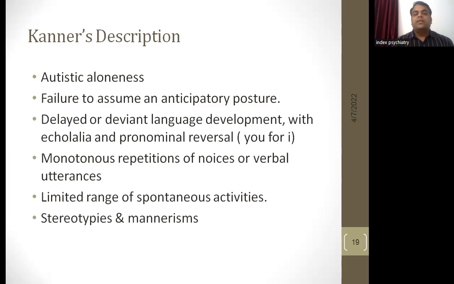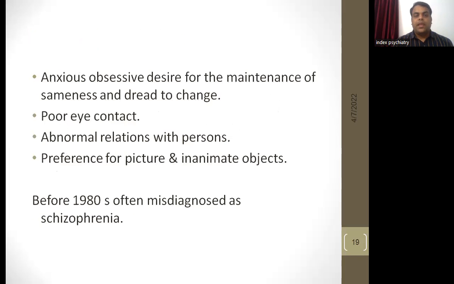Kanner's description is autistic loneliness, failure to assume an anticipatory posture, delayed or deviant language development with echolalia and pronominal reversal, you for I, monotonous repetition of noise or vulgar utterance, limited range of spontaneous activities, stereotypies, and mannerisms.